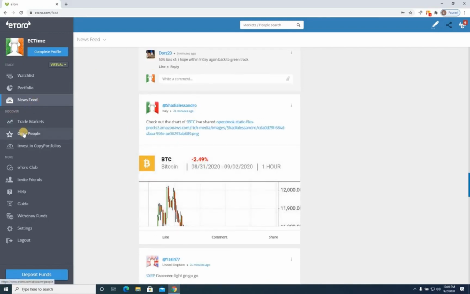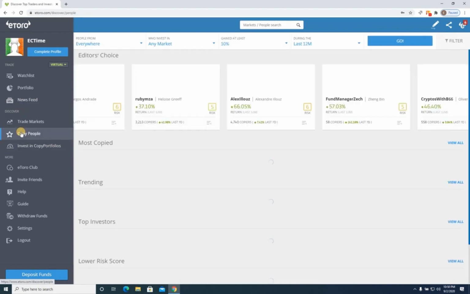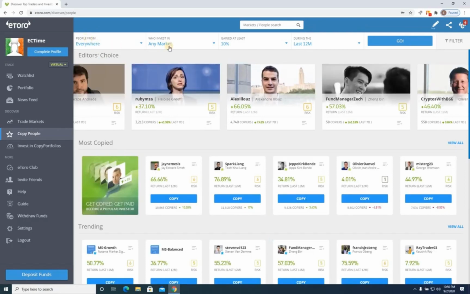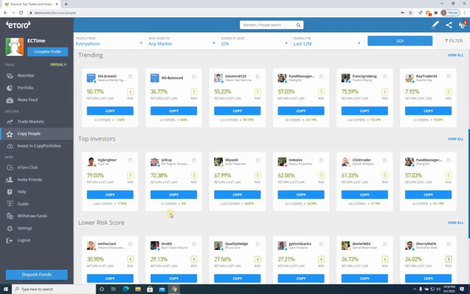Okay, and the next thing, what it is famous for, is copying people or copying portfolios. So if you want to copy people, go in here. It's really easy. Up here, you can search by country, market, how much they gained in the last 6 months, and how many people are copying them. So most copied. You can see here who's trending, top investors.